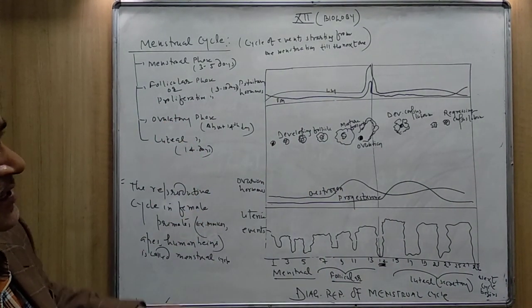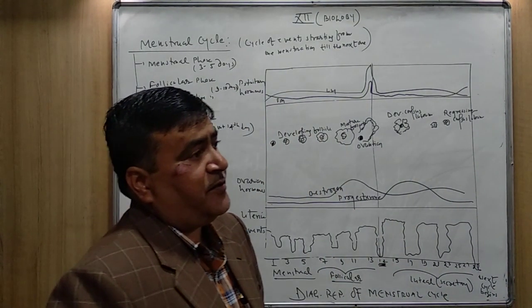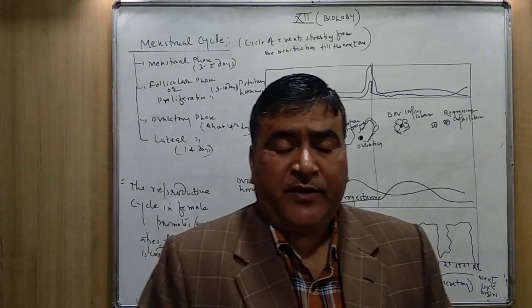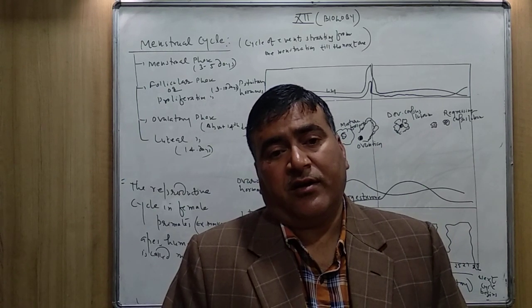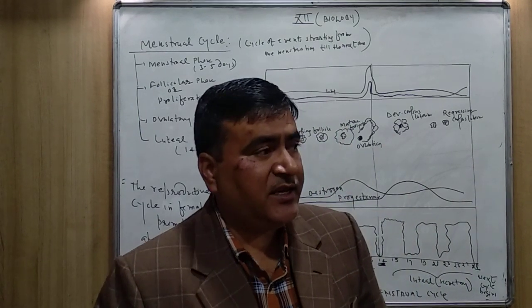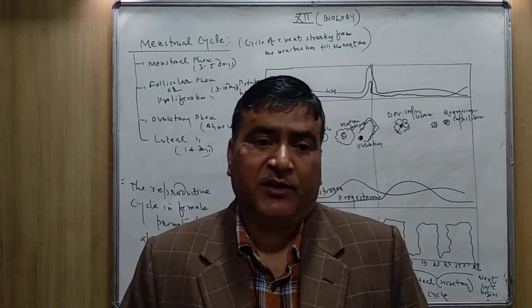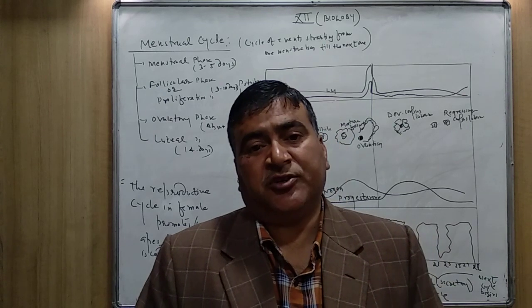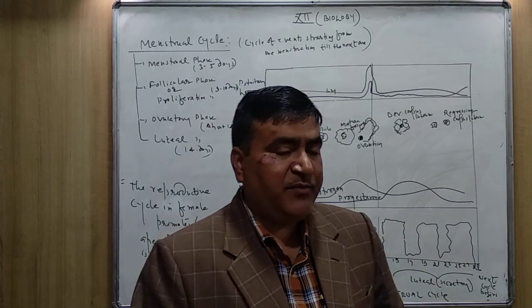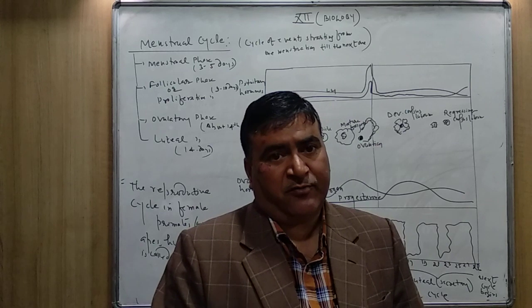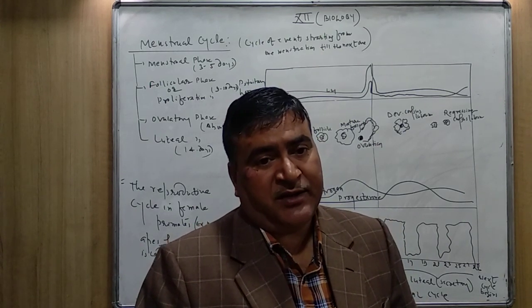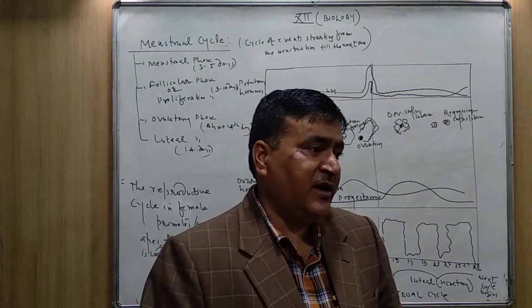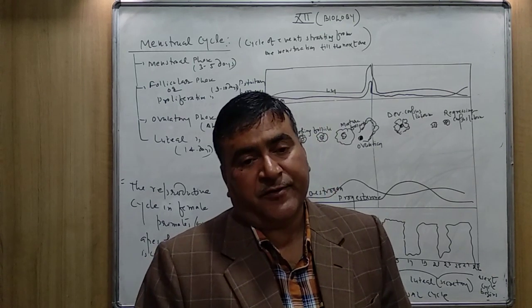If the female is pregnant, the process of the menstrual cycle also gets stopped. The stoppage of the menstrual cycle between menarche and menopause indicates that the female might be pregnant.